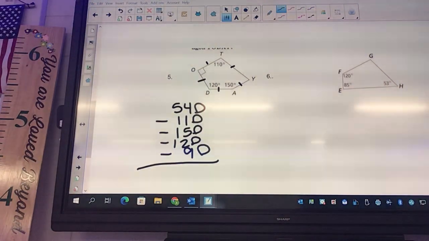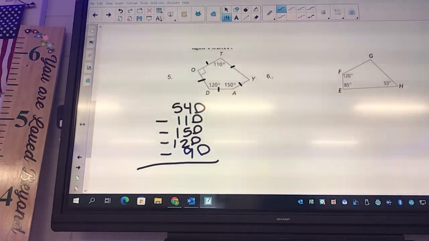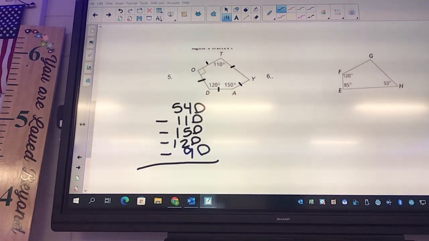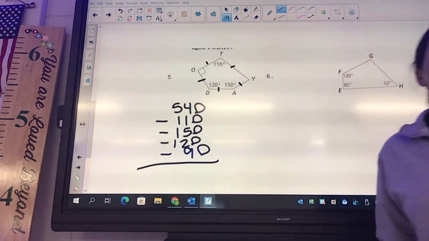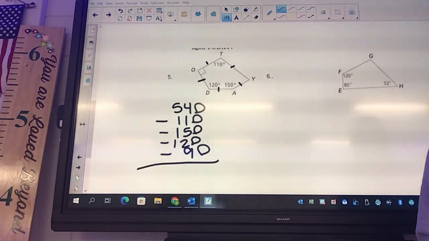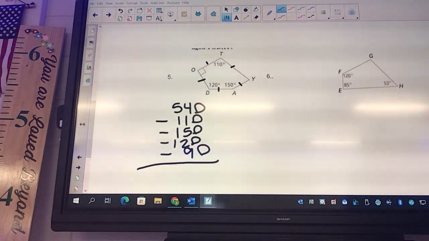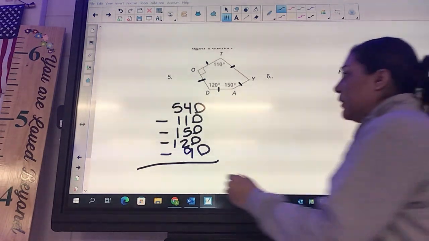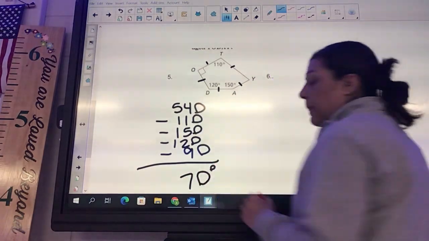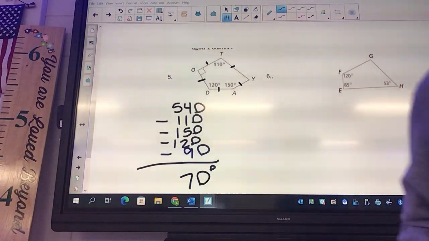Type that in your calculator, see what you get. What'd you get? 70? I think this is the exact same problem. It is.